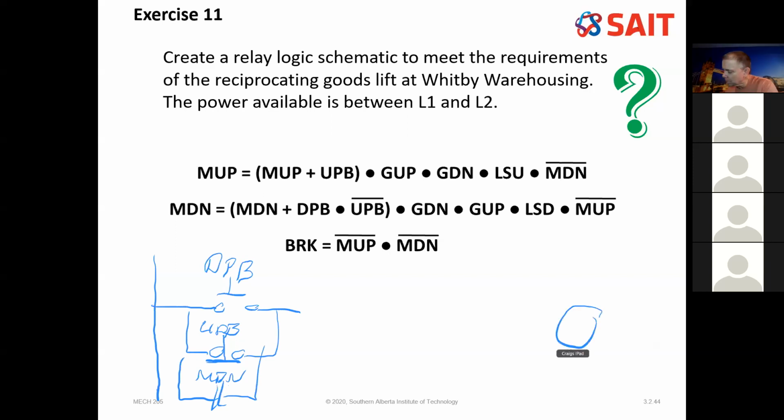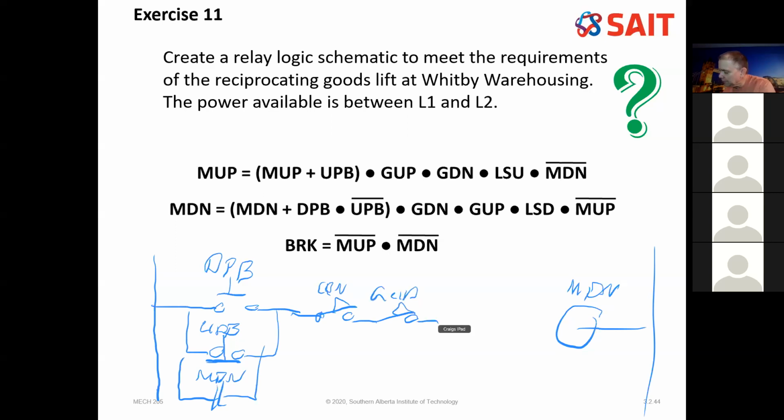So this is my motor down right here. And what else do we got? We got a gate down. Limit switch, normally open, held closed. That's my upper gate is down. And then this is my limit switch, normally open, held closed. There's my gate up. And the bottom limit switch. So actually, yeah, that's right.